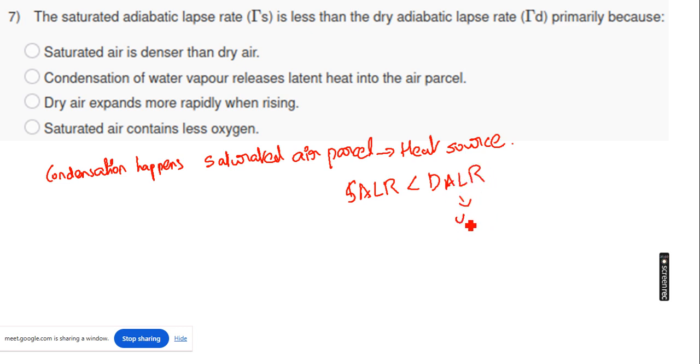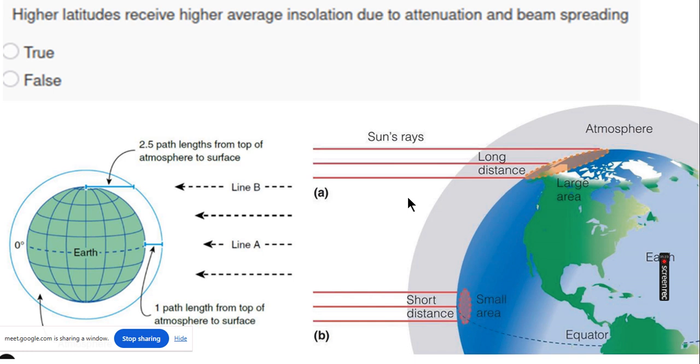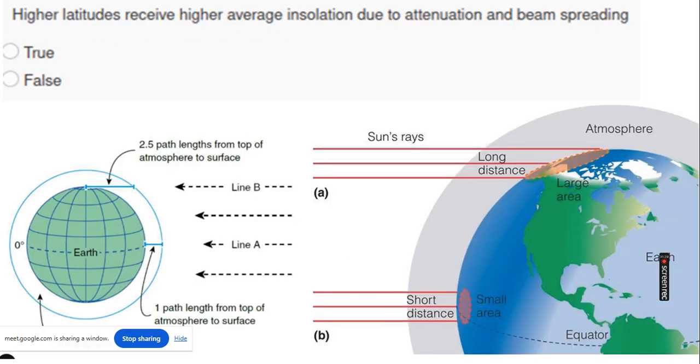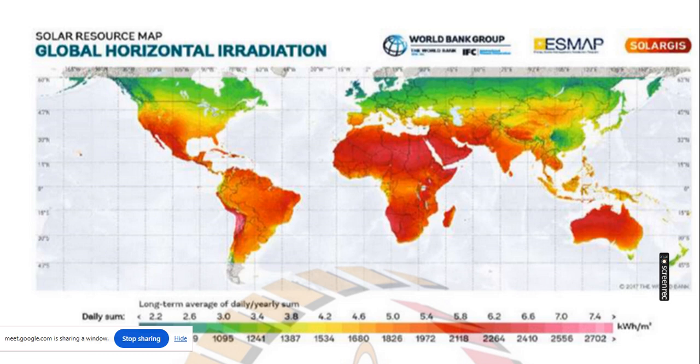So this is in case of unsaturated conditions, and this is in case of saturated conditions. Because of condensation, there is an additional heat source that keeps warming the saturated air parcel. No questions for that?